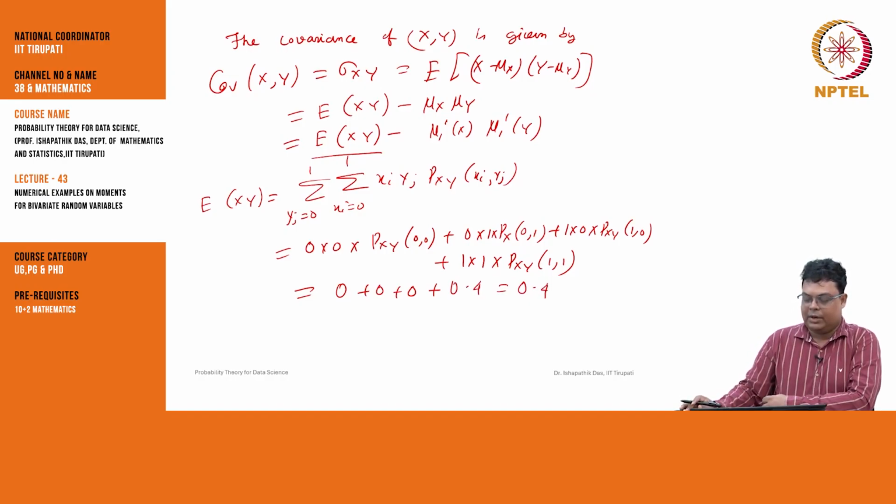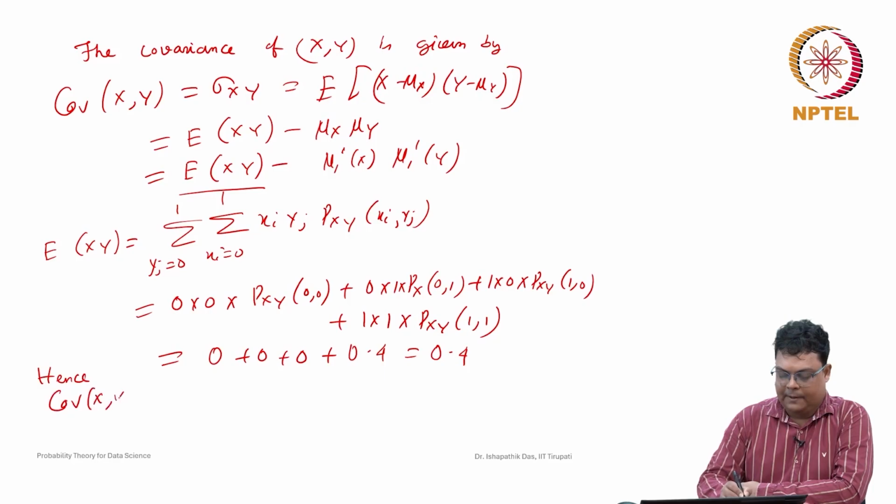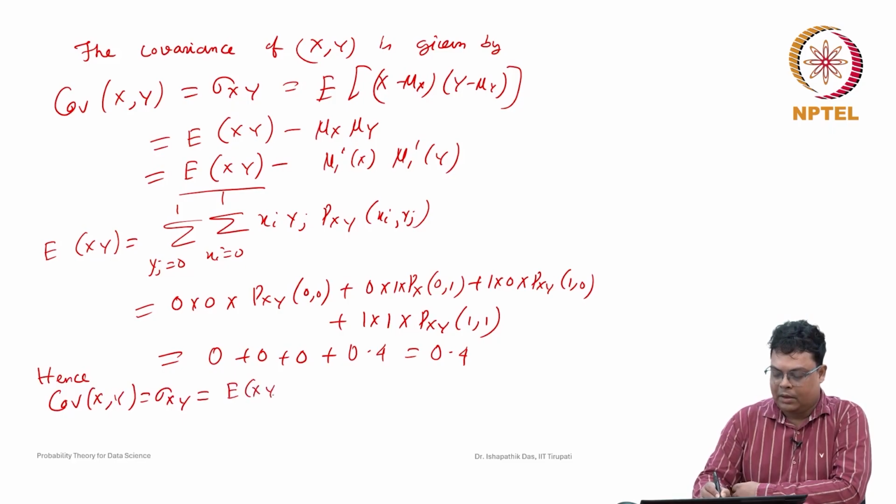Now we'll replace all these values in this formula. Hence, covariance of xy, sigma xy, is equal to expected value of xy minus mu1 dash x into mu2 dash x.